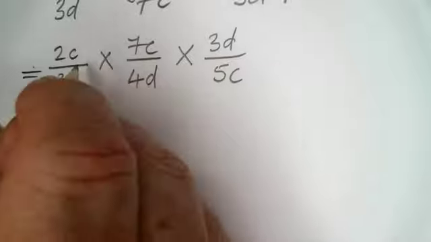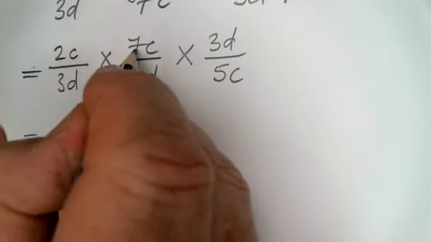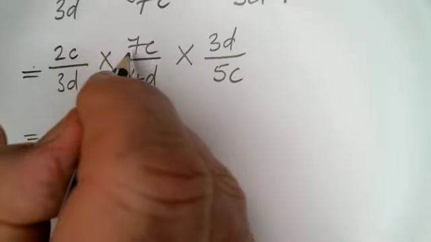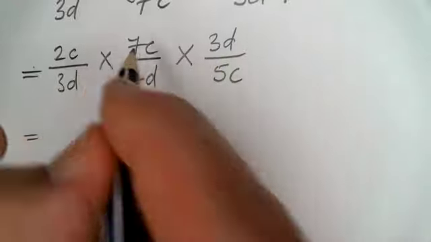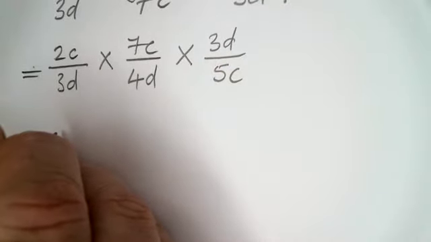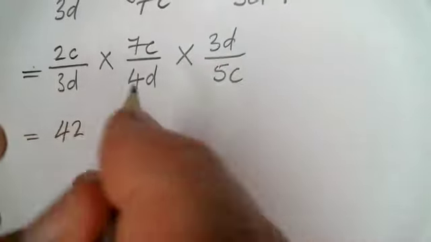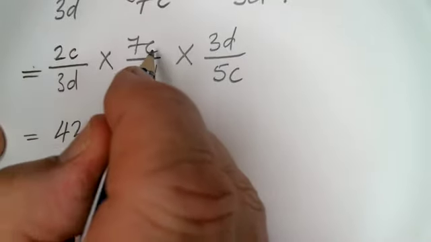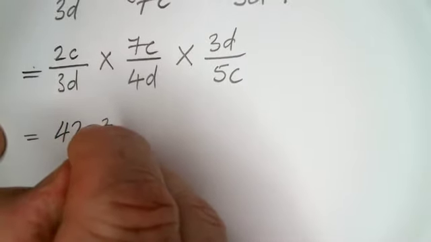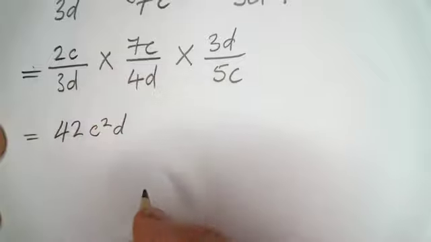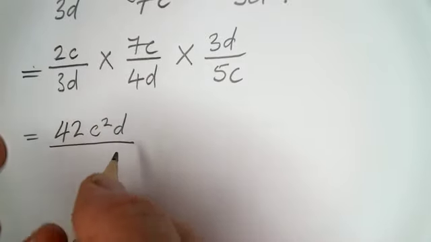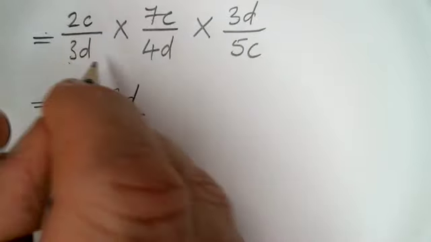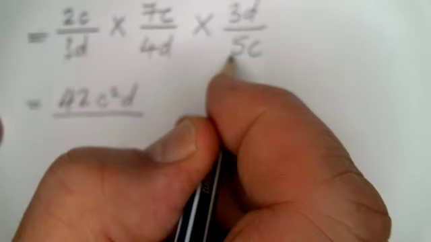Well, I've got 2 times 7 times 3, or 2 7s are 14, 3 14s are going to be 42. All right. So then I've got a c times a c times a c is a c squared, and I've got a d. We do them in alphabetical order. All right, we have a vinculum. Now we've got a 3 times a 4 times a 5.